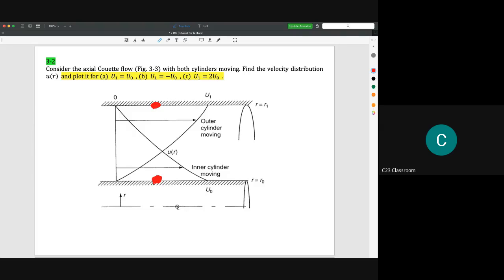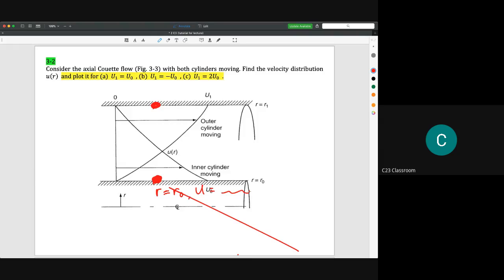So in this situation, because the coordinate system is in R, we'll use R as the coordinate system, so you just say that this is R equal to R0, for example, and then you write what value U is equal to.